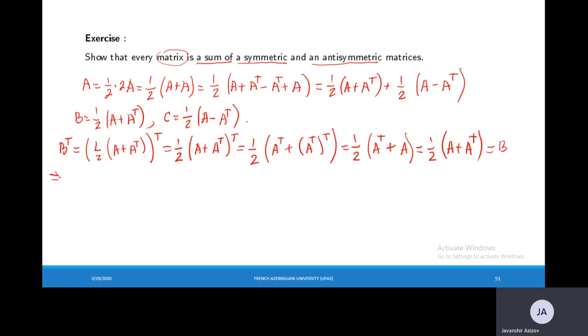Then from here, the transpose of B will be B.